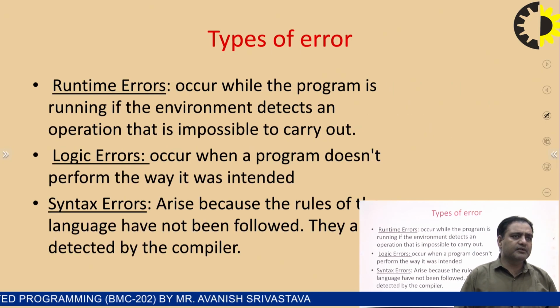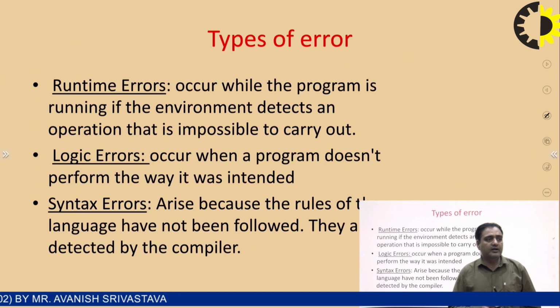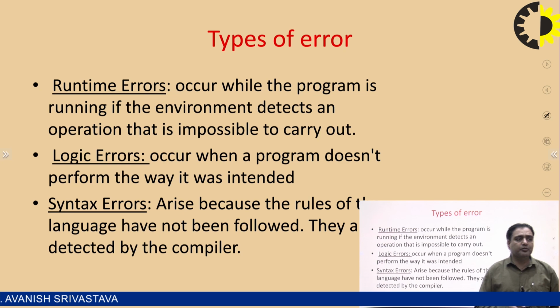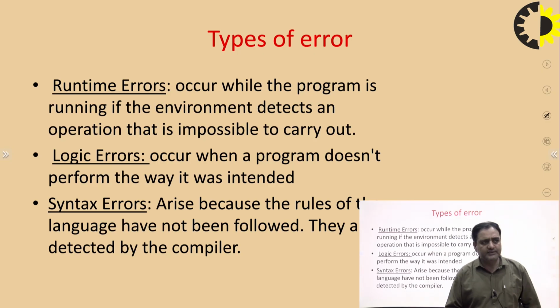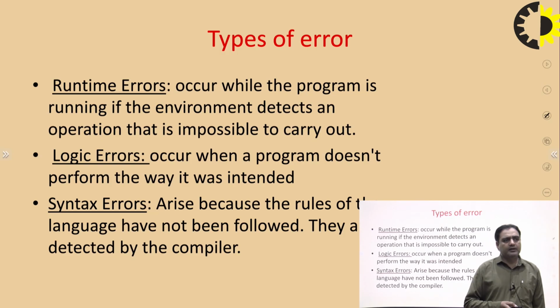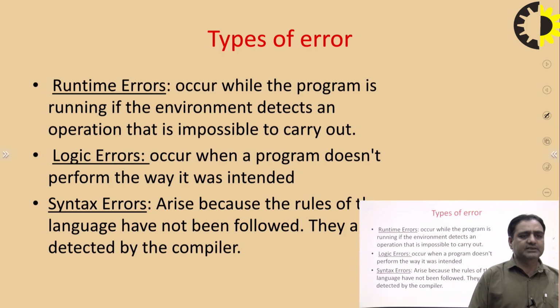So, what are the types of errors? Logic errors, syntax errors, runtime errors. Runtime errors occur while the program is running if the environment detects an operation that is impossible to carry out. Firstly we will discuss the syntax errors.